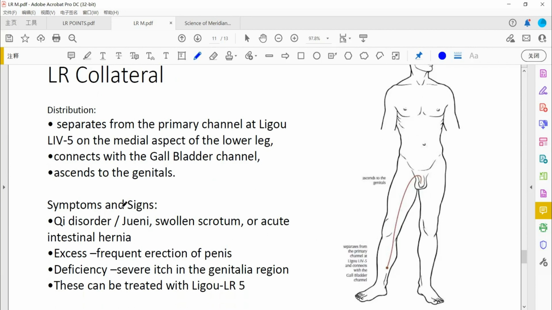So the liver main meridian will circle the genitals. The divergent and collateral, they all go to the genital region. So that makes the liver meridian very important for the genital region.